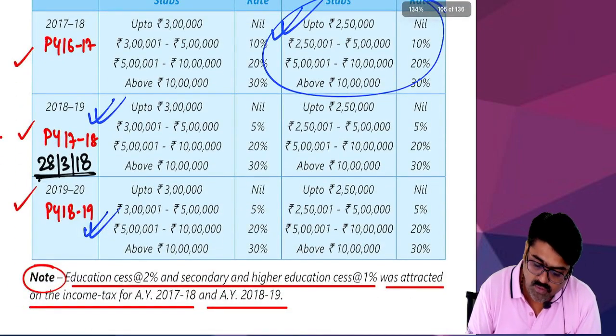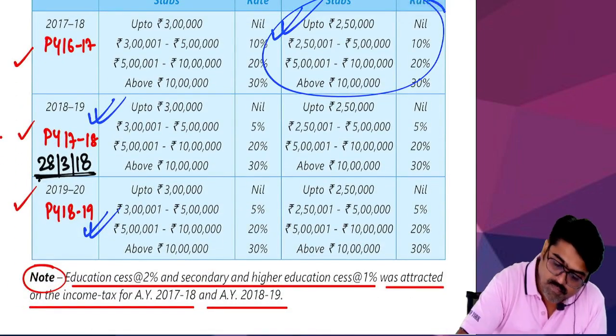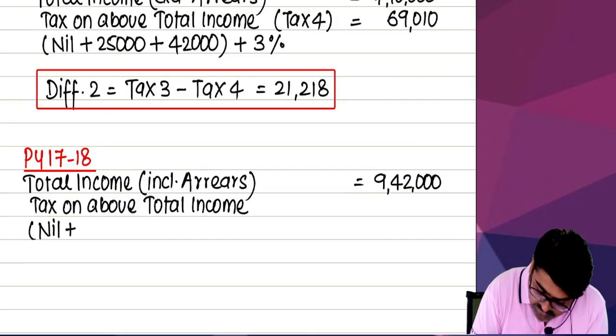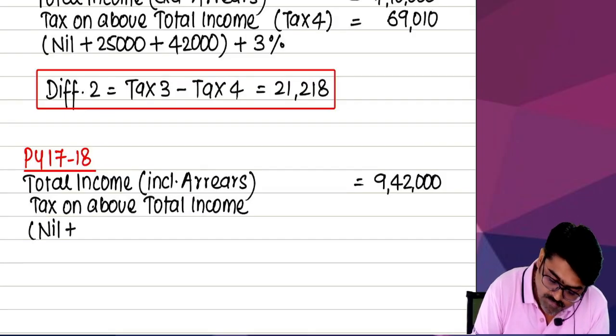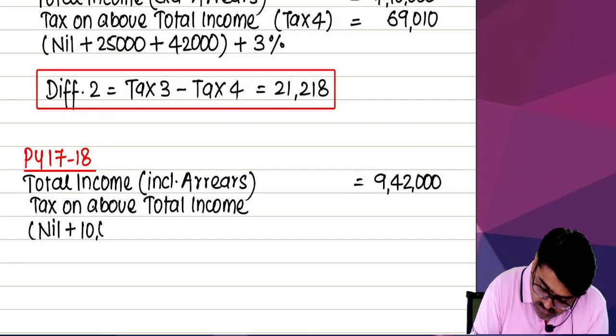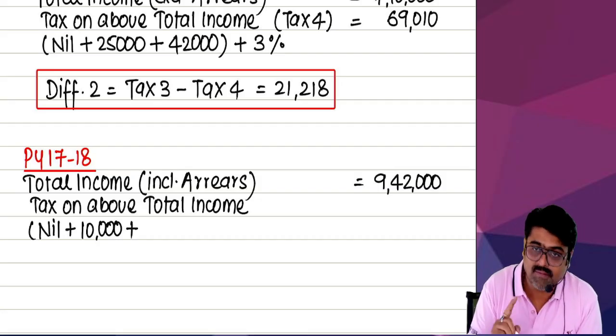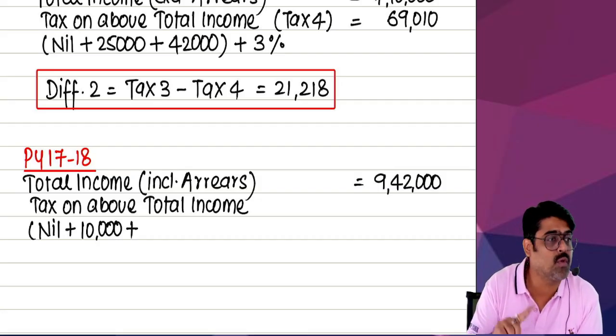So what are the tax rates? First 3 lakhs, no tax. 3 lakh to 5 lakh, 5%. It will be 10,000. 5 lakh to 9,42,000, it will be 4,42,000.